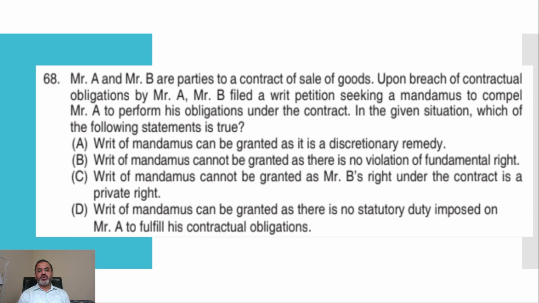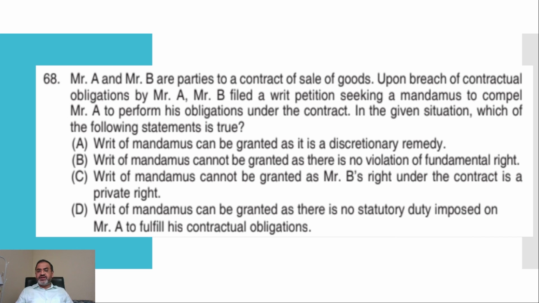So, we only have clause B and C, which say writ of mandamus cannot be granted. Writ of mandamus cannot be granted as there is no violation of fundamental right, is what B says. And writ of mandamus cannot be granted as Mr. B's right under the contract is a private right. Now, so far as the question is concerned, there is no discussion about the fundamental right, but there is a discussion about contracts, and we know that the contract is a private right.